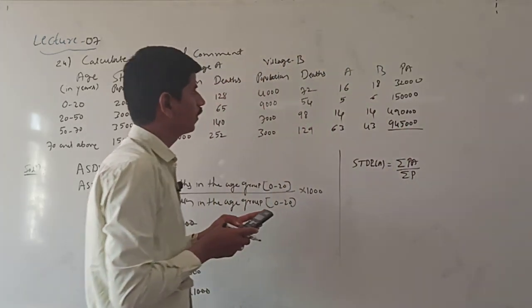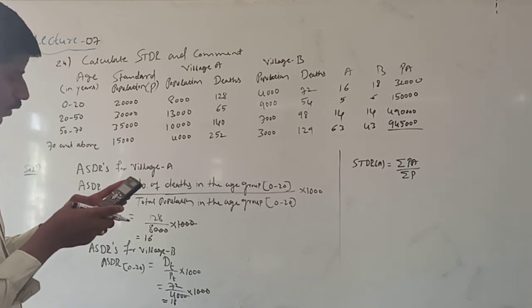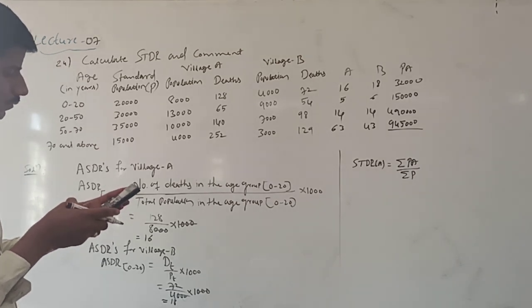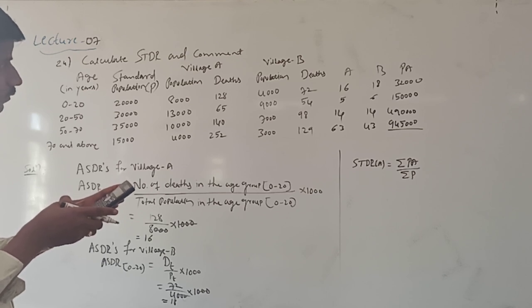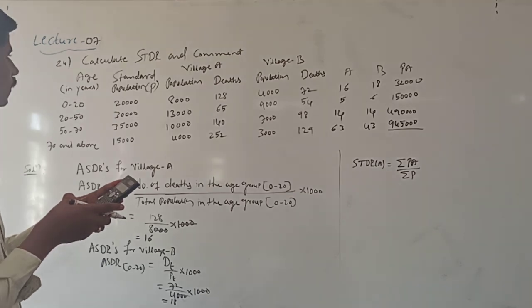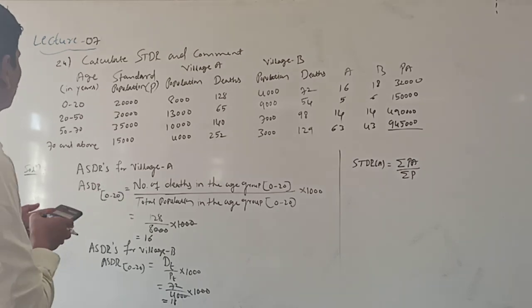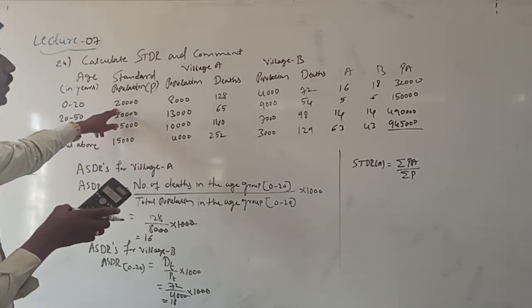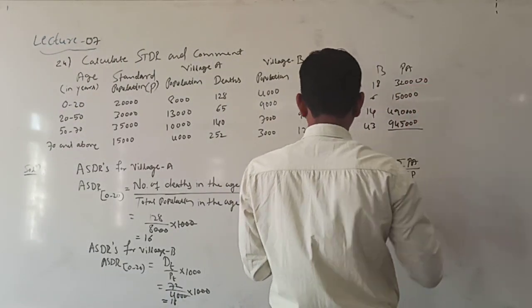If you want sum of PA, that is 9,45,000 plus 4,90,000 plus 1,50,000 plus 3,20,000. Okay, 20,000 into 16 is 3,20,000.